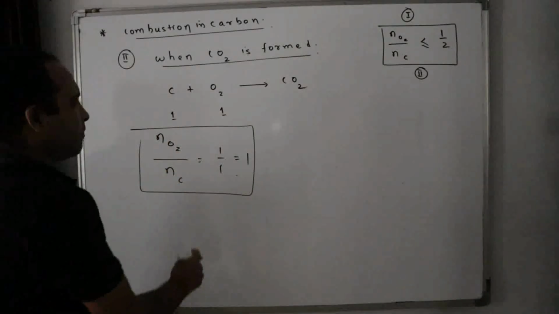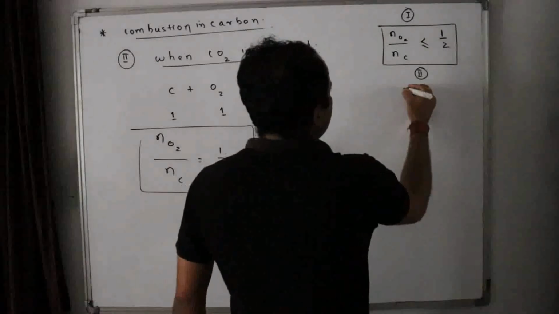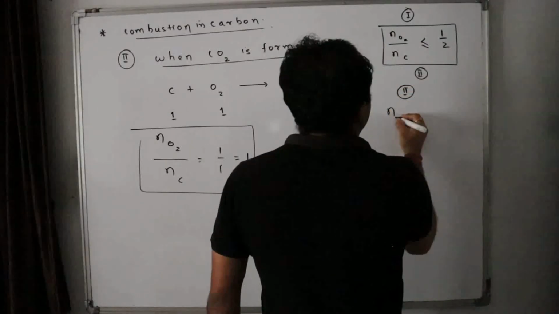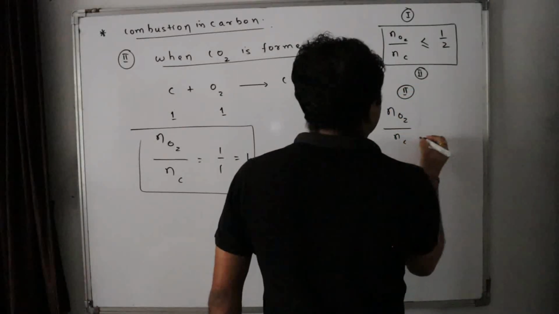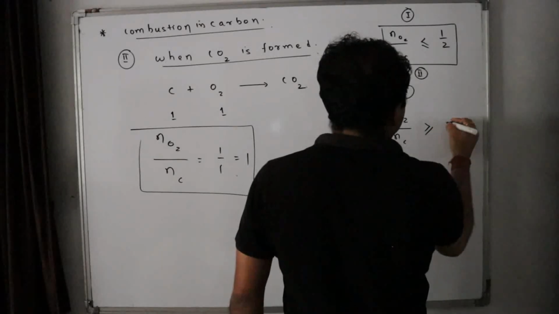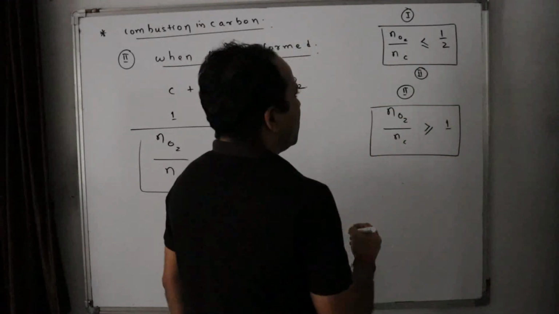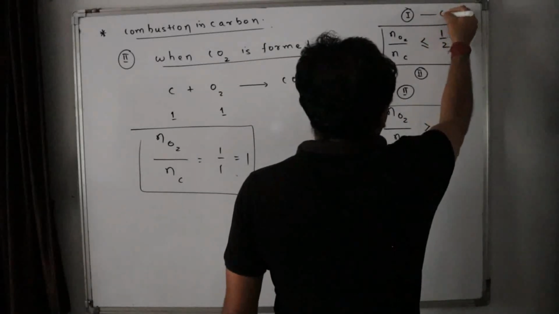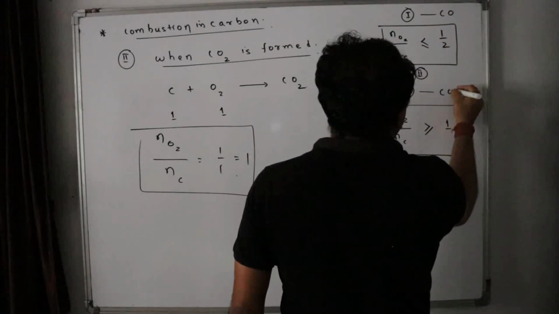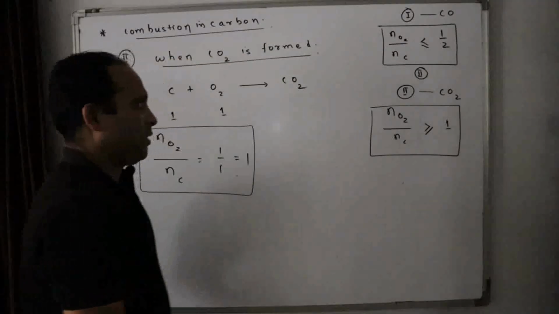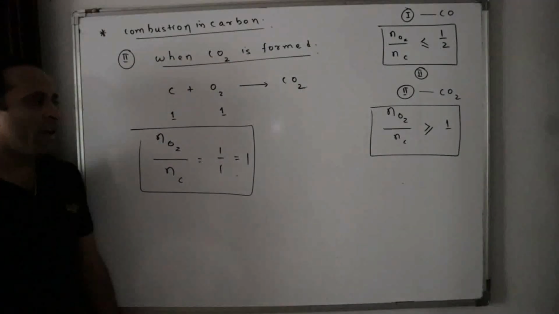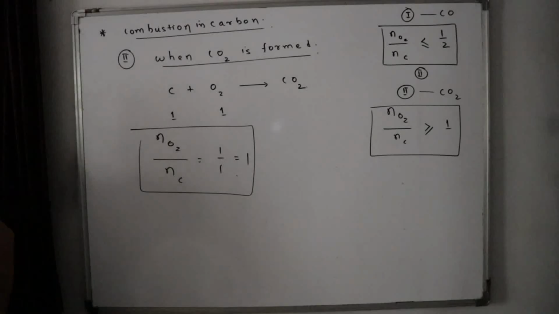To make it more precise, look at what I am writing here: the number of moles of oxygen by the number of moles of carbon should be greater than or equal to 1. Then in the first case, what is coming out? Carbon monoxide. Second case, what is coming out? Carbon dioxide.